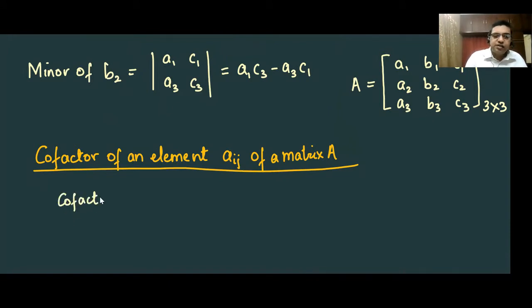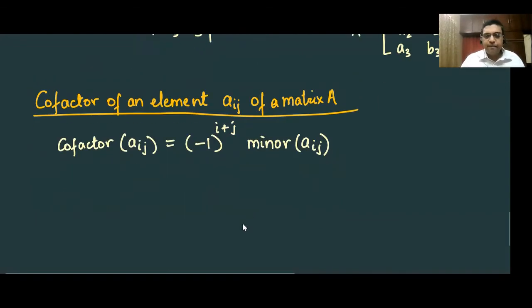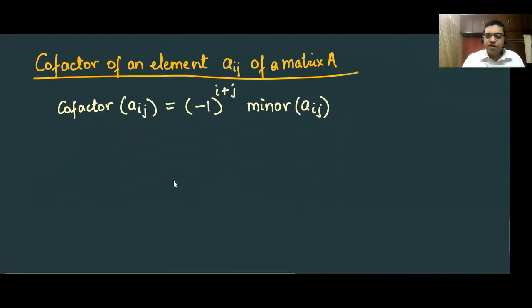Cofactor of an element Aij is minus 1 to the power of i plus j times the minor of Aij.